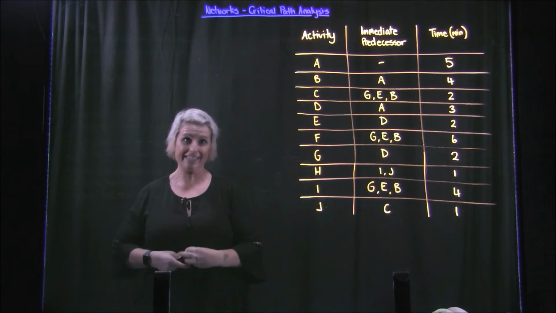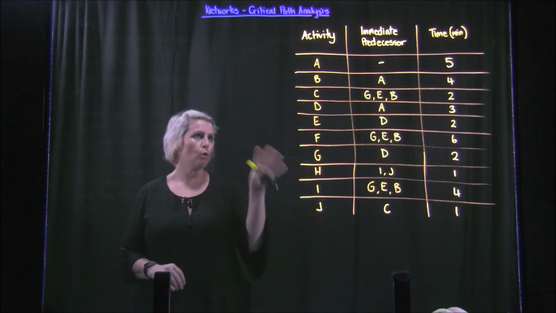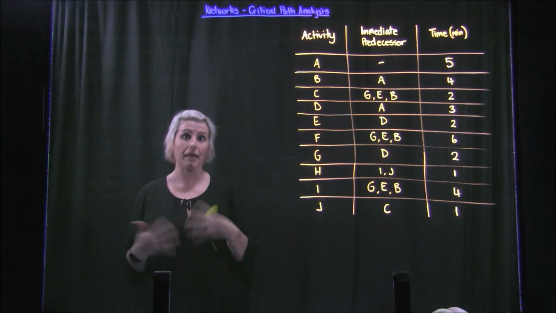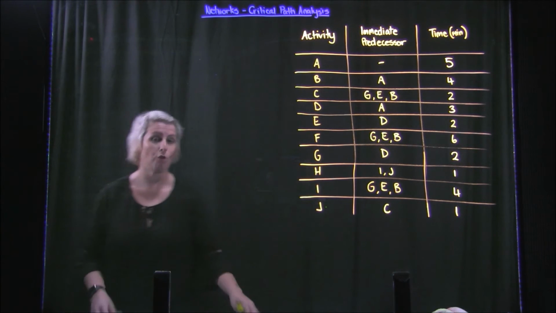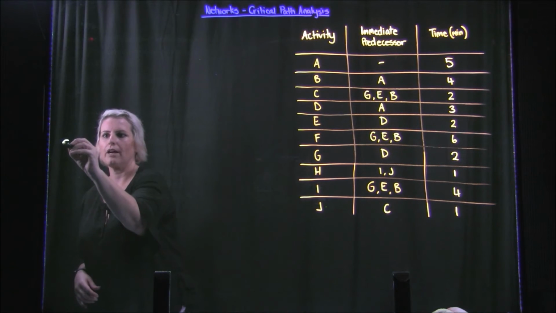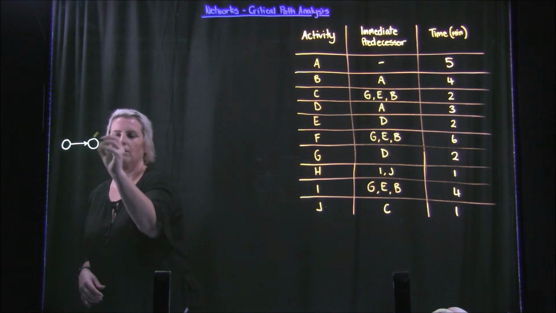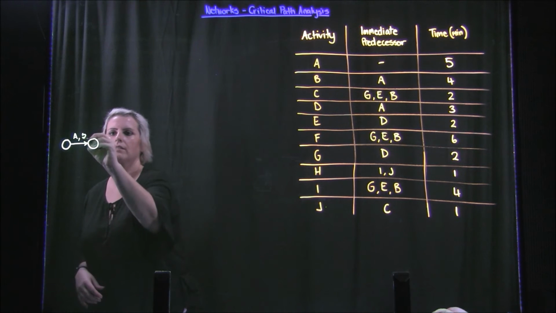Okay, so let's give this one a go. Feel free to pause the video first and have a go at this, and then come back and have a look, but I'll go through and answer now. Right, so let's start with A. We'll put A over here, which is 5 minutes.